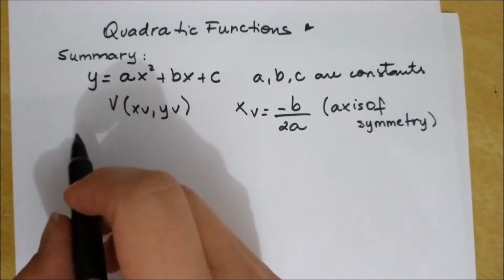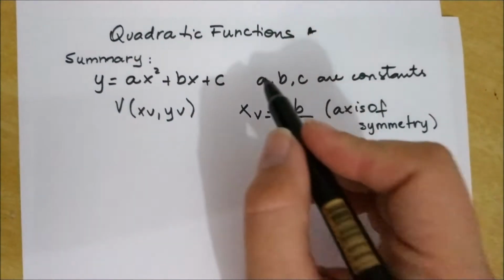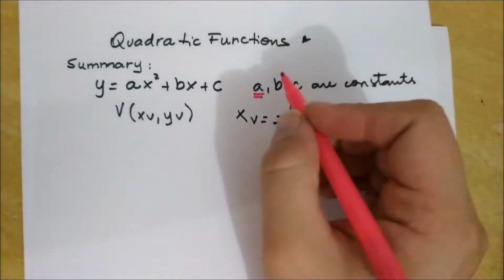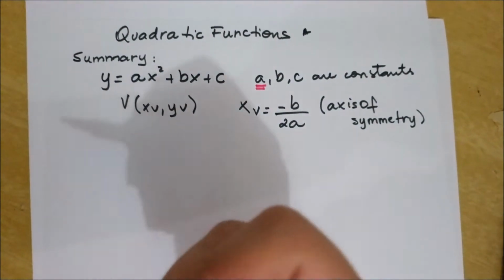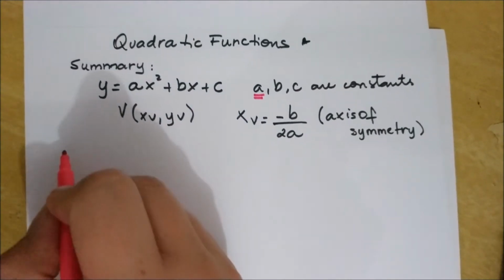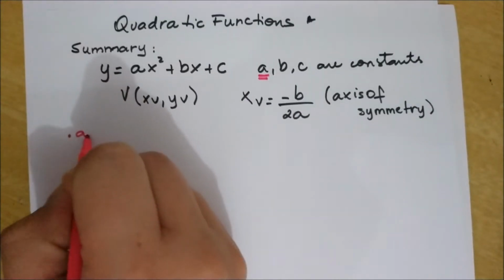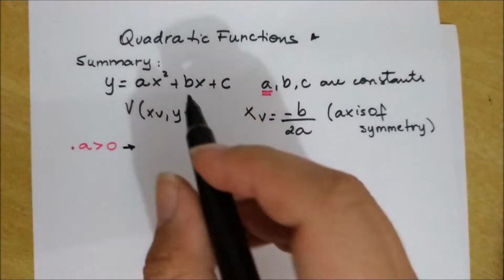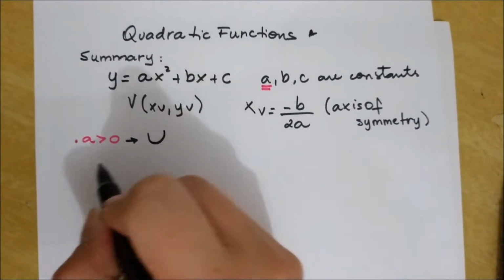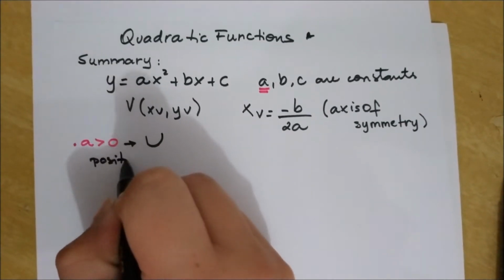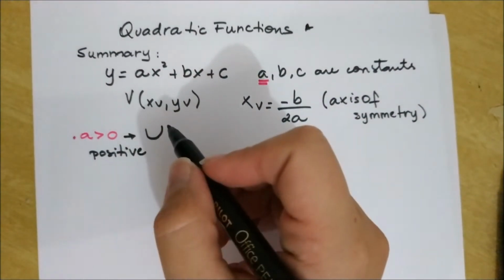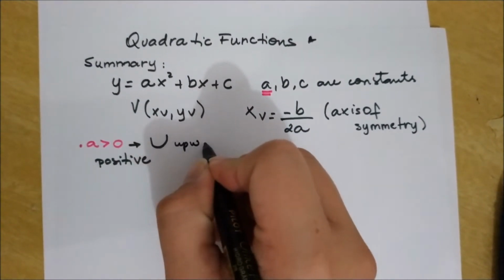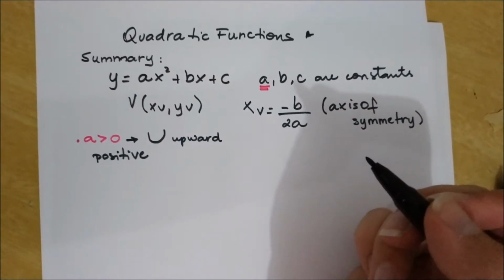We already know that we have to look into the A. So when we look into the A, we have a study of our parabola, okay? So if A is bigger than 0, it is a positive graph with the concavity upward, okay?